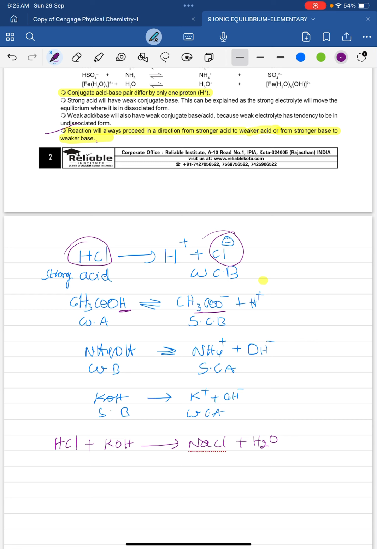So here I am getting Na plus and Cl minus. You can choose NaOH.